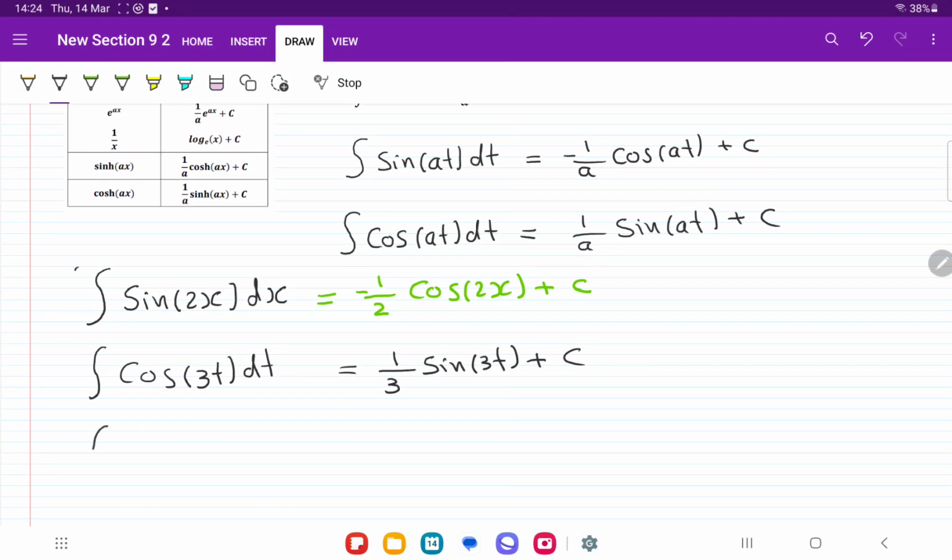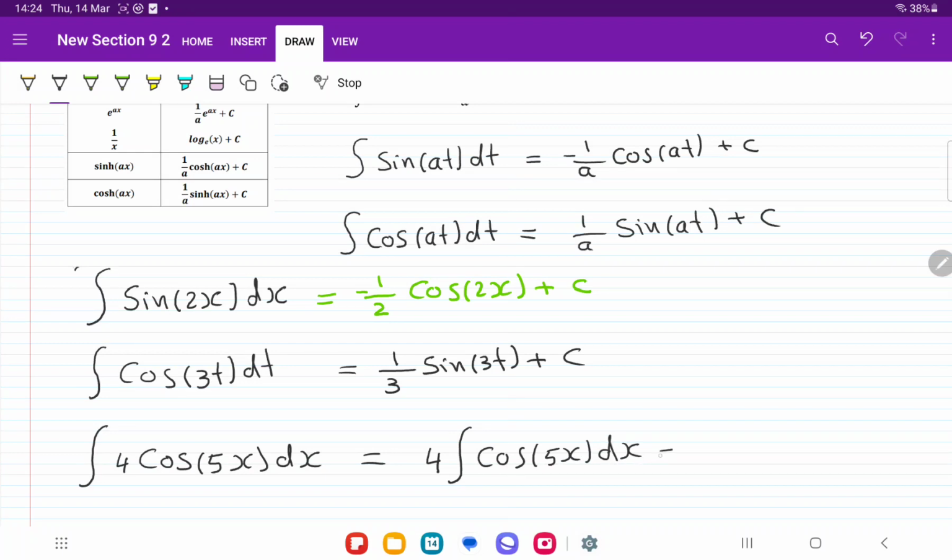Integrate 4 cosine 5x dx. As we did in previous videos, we can take the number outside the integration, so we can put 4 times the integral of cosine 5x dx.